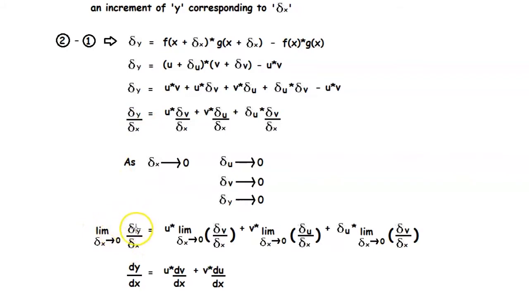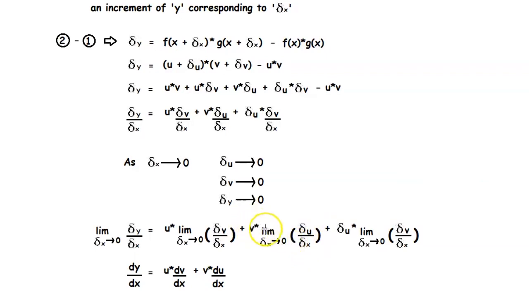So limit of delta y divided by delta x as delta x tends to 0 will be equal to u multiplied by limit of delta v divided by delta x as delta x tends to 0. Here, because u is a constant here, plus v multiplied by limit of delta u divided by delta x as delta x tends to 0.